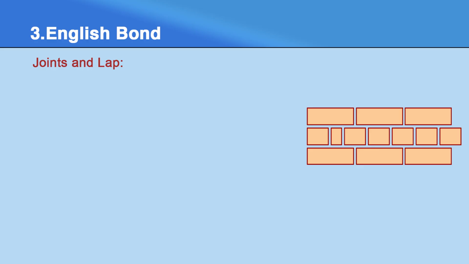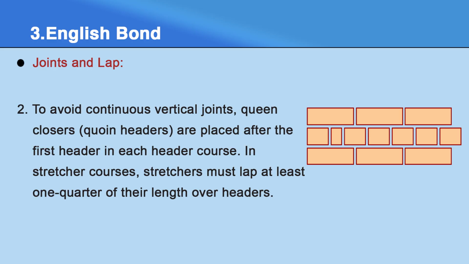Second point is joints and lap. To prevent continuous vertical joints, we know that if a continuous vertical joint is there, that is a point of weakness that weakens the wall. So, to prevent this, the queen closures we just discussed, that is the brick pieces that are 3/4 the length of a full brick, are strategically placed next to the first header in each header course.